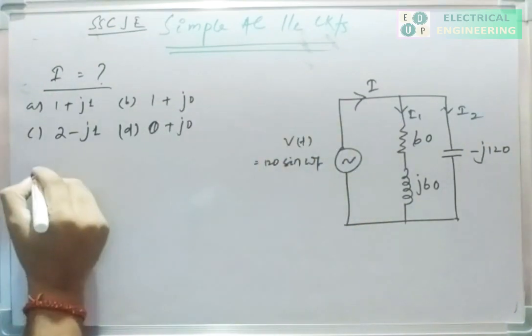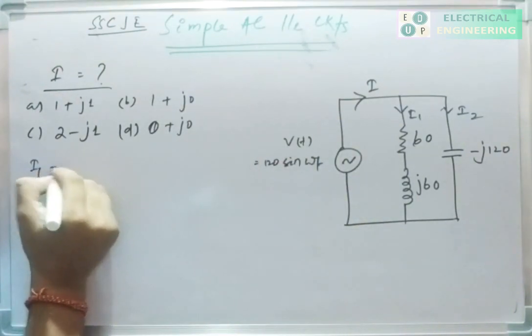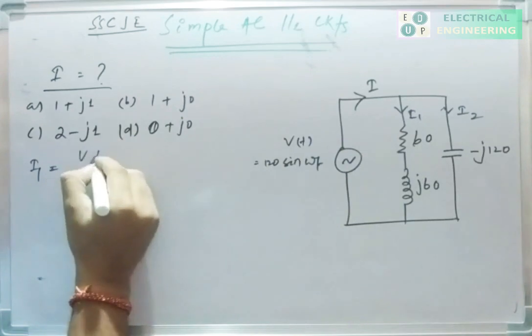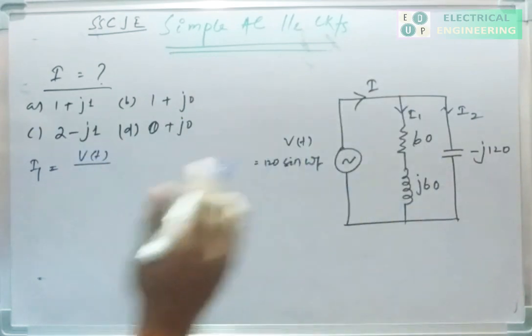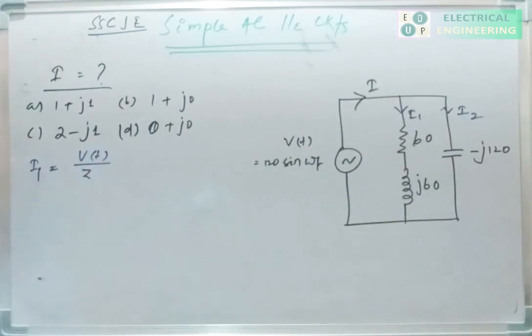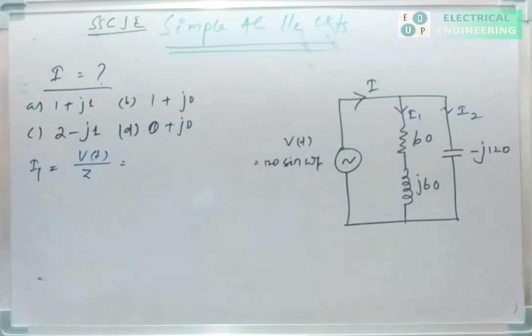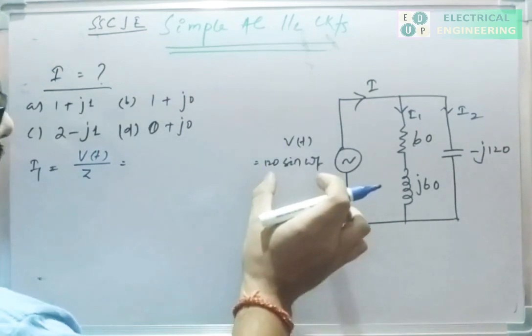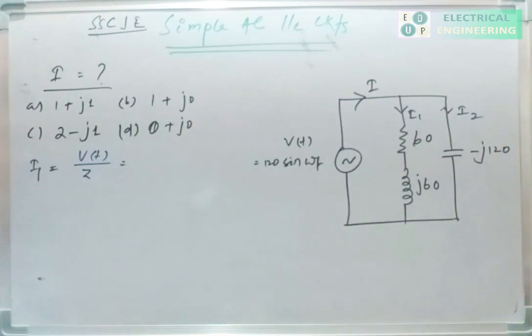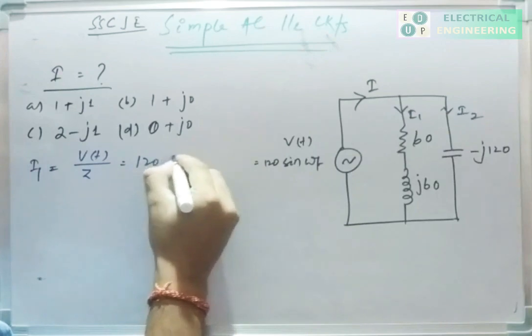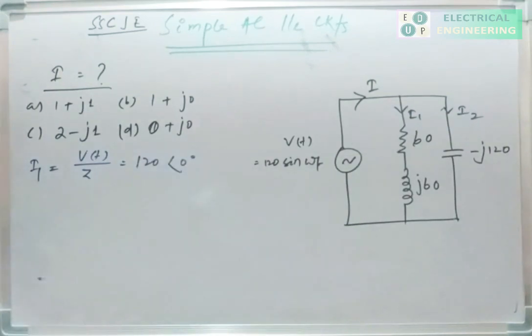So I1 will be voltage Vt divided by impedance. How much is the voltage? 120 sin omega t, and as I have told you already, let us take it as a reference value, so we can write it as 120 angle 0 degree.